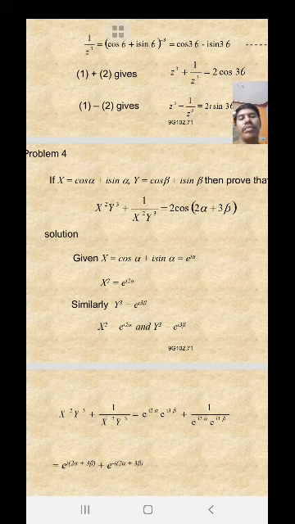See the solution. First we take the given condition, x equals cos alpha plus i sin alpha, and it is expressed as e power i alpha. And then x square equals e power i into 2 alpha, because squaring on both sides.